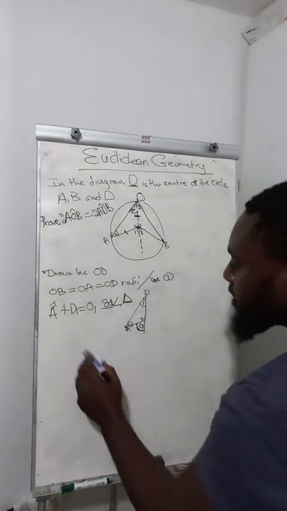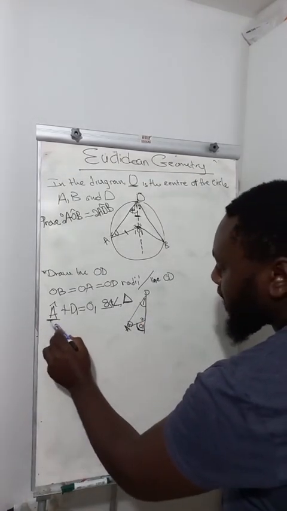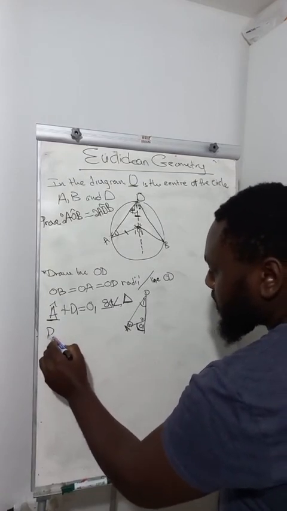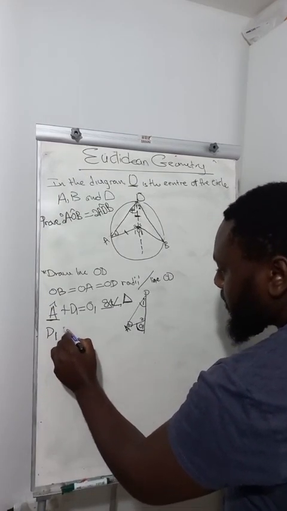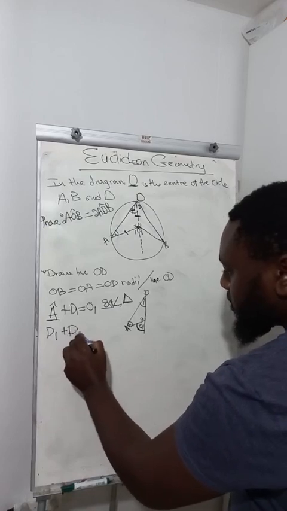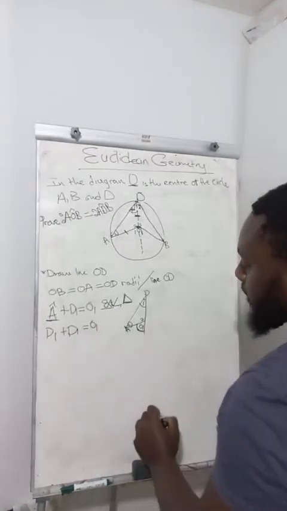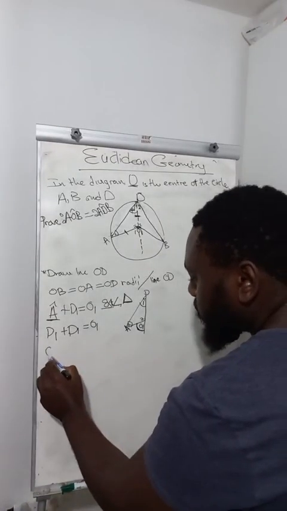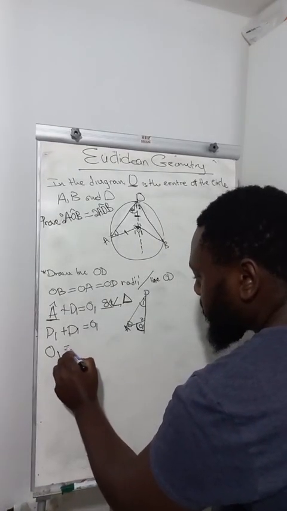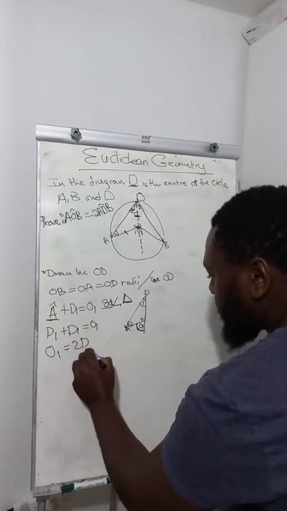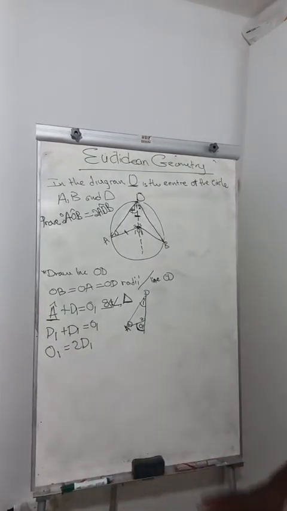So where there is A, I can write D1, plus D1. Then I'll still have O1. So in this case, O1 is equal to 2D1.